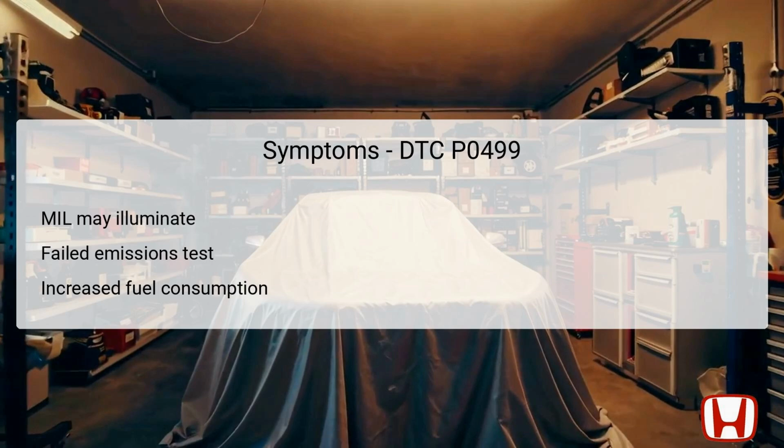Moreover, the presence of this fault code could lead to the vehicle failing an emissions test, as the EVAP system is crucial for controlling fuel vapor emissions. Increased fuel consumption may also occur due to unregulated vapor release, which can affect the overall efficiency of the engine and increase operational costs. Drivers should be attentive to any unusual performance changes, as addressing these symptoms promptly can help avoid more severe issues down the line.